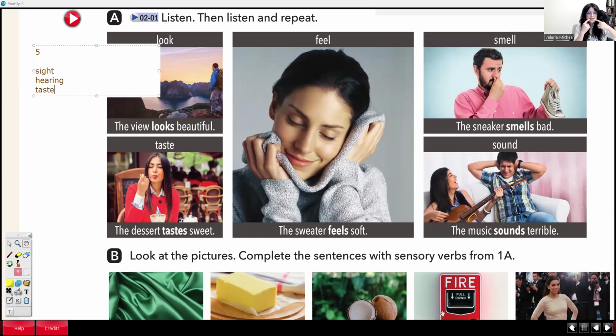Touch. Very good. We are missing one. Smell. Yeah, smell. Touch, taste, hearing, and sight.